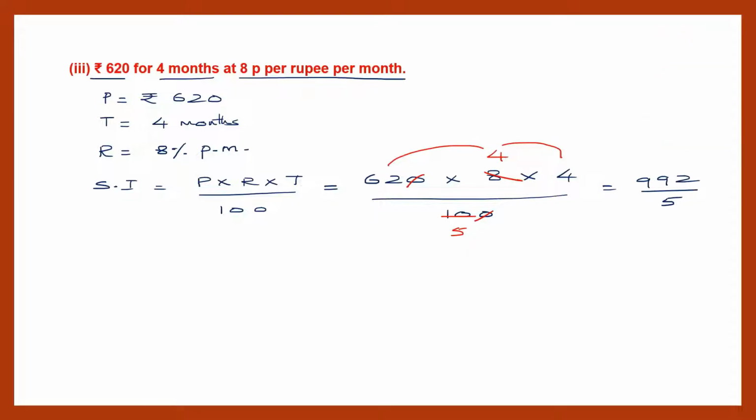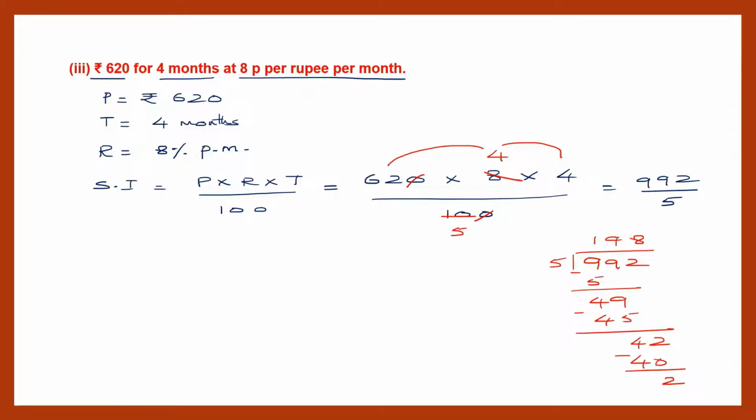Now let's divide 992 by 5. 5 ones are 5 minus 4, bring down 9, 49. 5 nines are 45 minus 9, 4. You bring down 2, the number is 42. 5 eights are 40 minus 2.